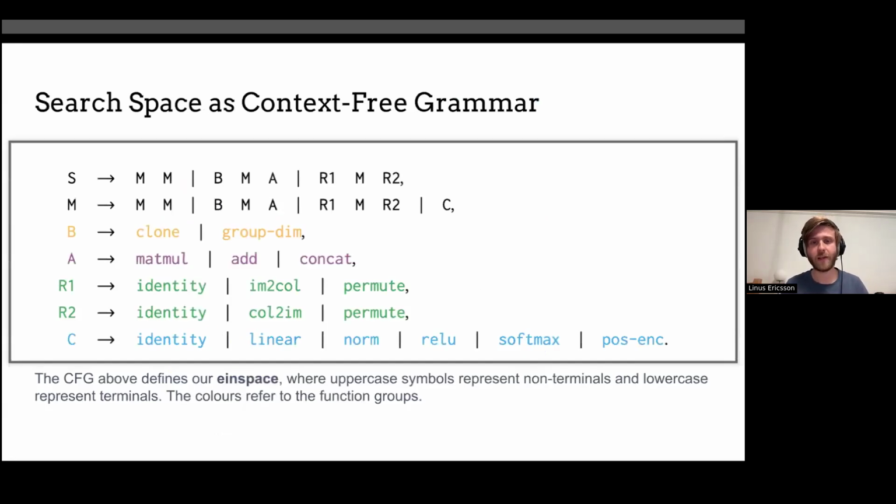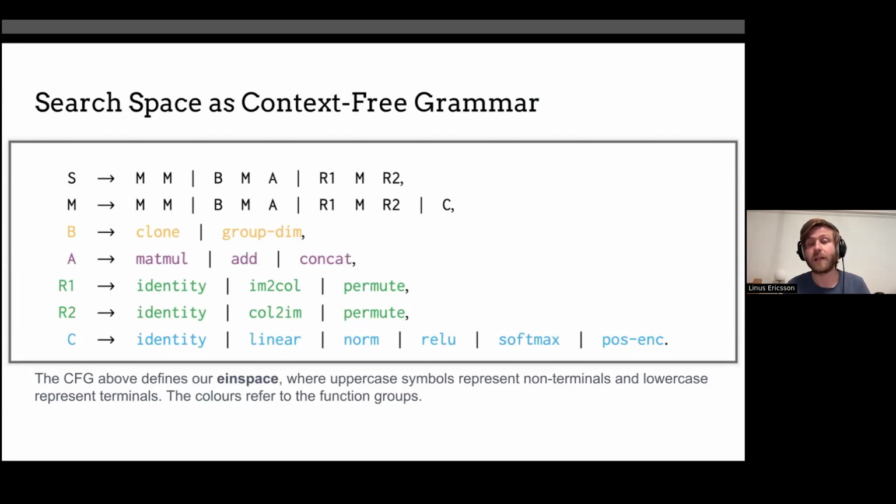So here is now the full context-free grammar. If you're not familiar with what context-free grammars are, it's a way of formalizing a particular language according to a set of rules. This is very much used in programming languages like Python. Under the hood, there's essentially a context-free grammar that says what is a valid Python program and so on.